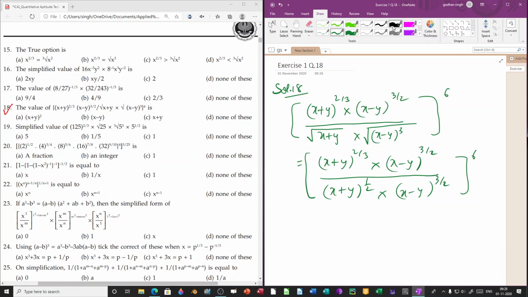So these two will be cancelled out because they are both the same quantities, and we also know that a raised to m over a raised to n equals a raised to m minus n.